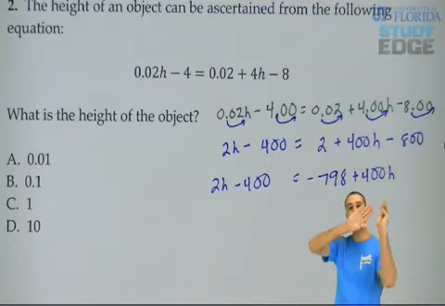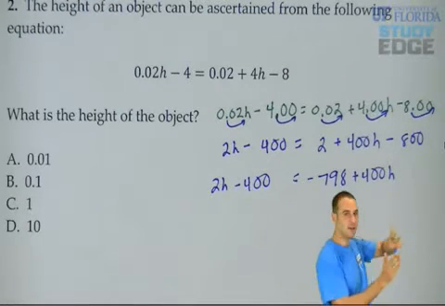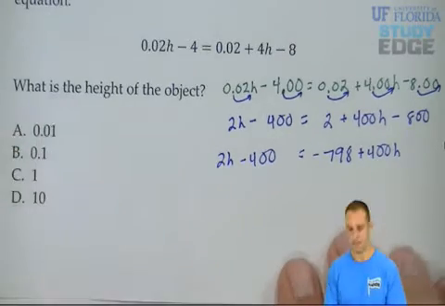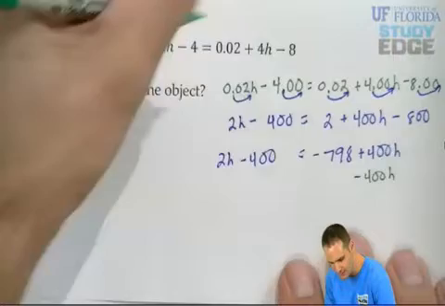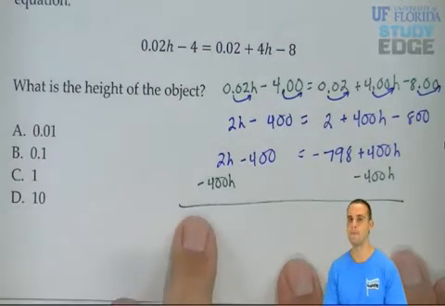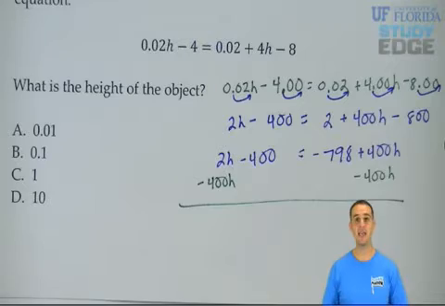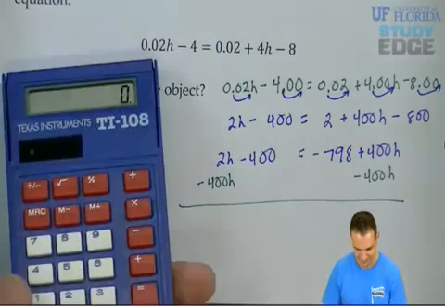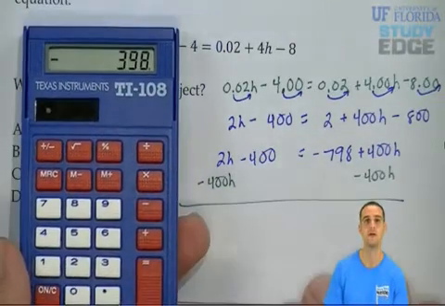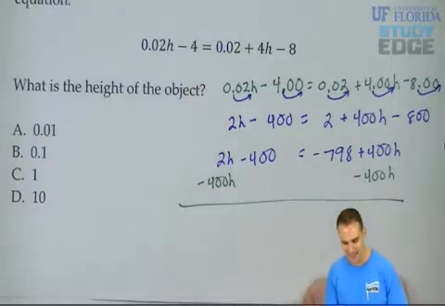Move my variables to one side, my numbers to the other, and divide at the end. So from here, I'm going to subtract 400h to the other side. 2h minus 400h, again, if you need to, 2 minus 400, negative 398.